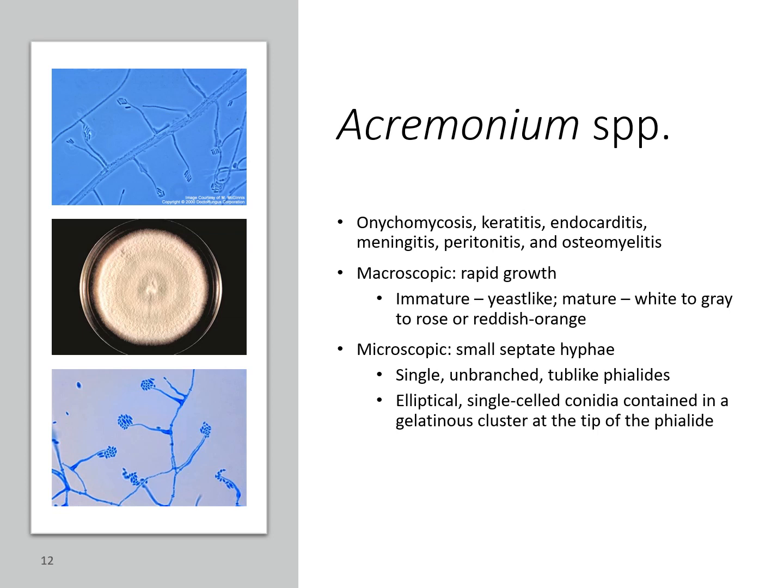For the microscopic appearance, the hyphae are small and they are septate. They have unbranched tube-like phialides. So these things that are coming off are actually phialides, not conidiophores. And you can see how it kind of forms like a little tube.